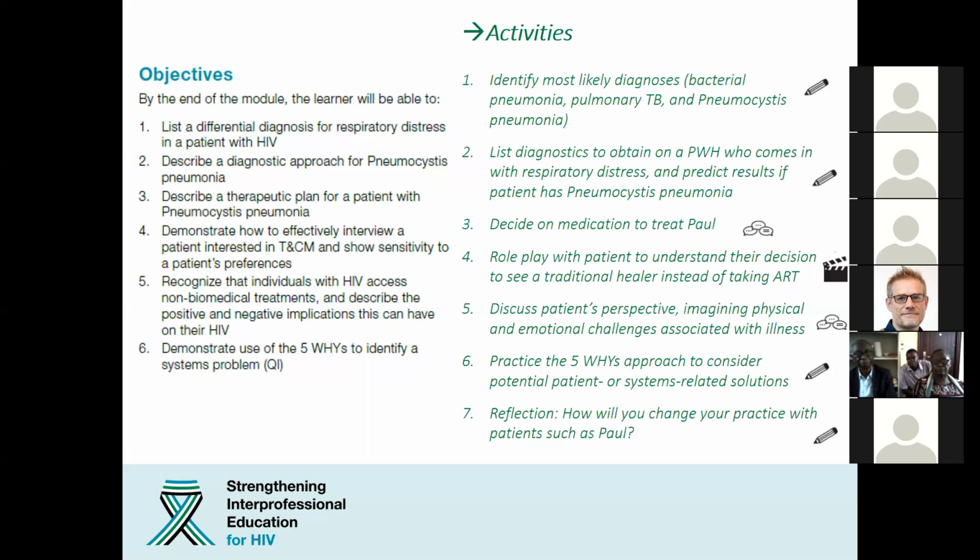And it just so happens that in this case, that is the diagnosis, but we're really trying to make sure that the learners don't think that respiratory distress in a person with HIV is usually PCP. So once they've made that differential diagnosis, we then ask the learners to describe a diagnostic approach.